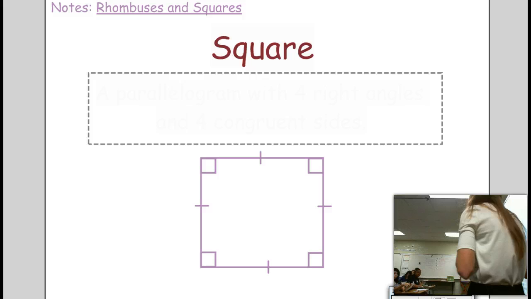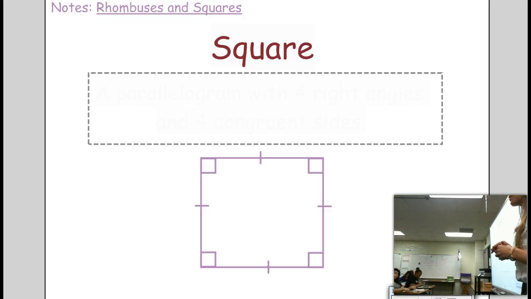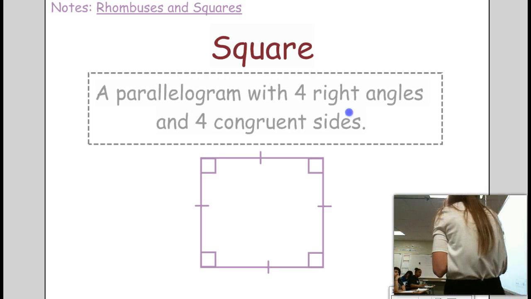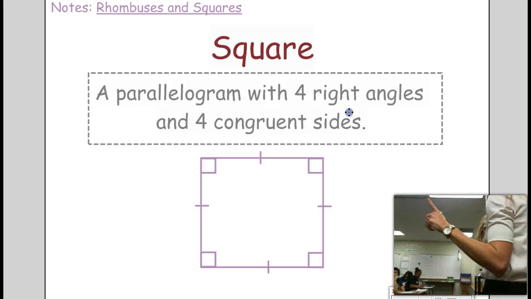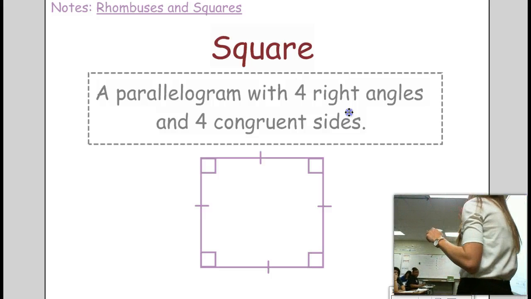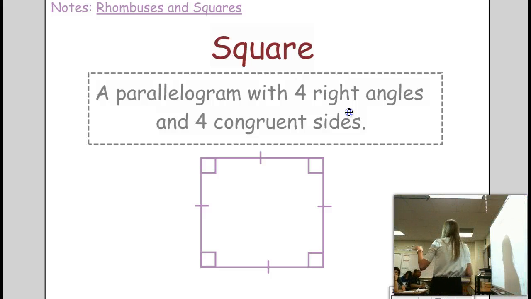Last one is a square, but you notice there's no blanks to write under a square. Nothing to know about it. Very good. So a square is a parallelogram with 4 right angles and 4 congruent sides. If you're a parallelogram and you get promoted to a rectangle and you get promoted to a rhombus, then you can go on and become a square. So square is like a rectangle and rhombus all in one.